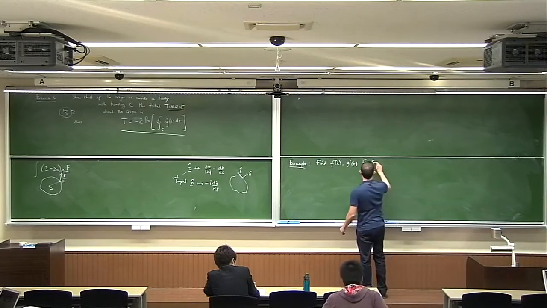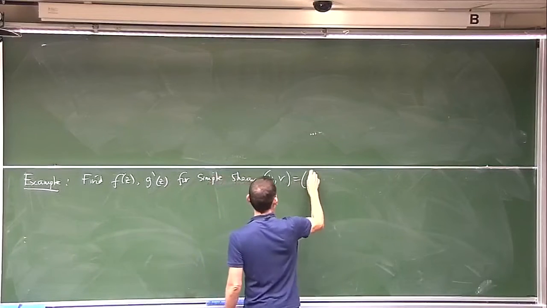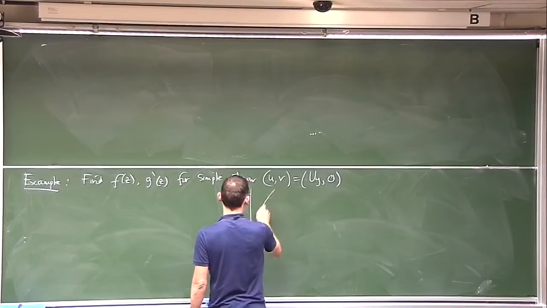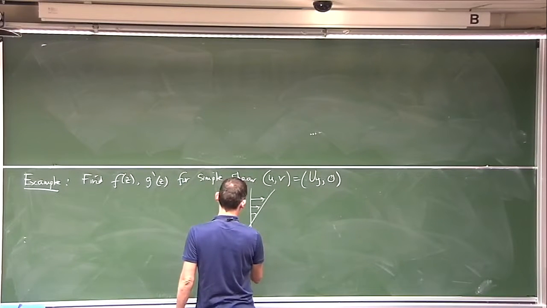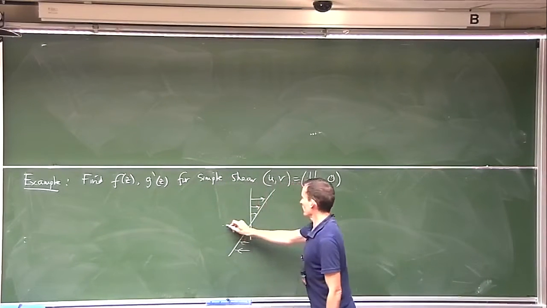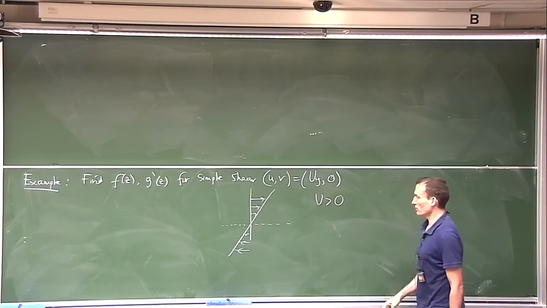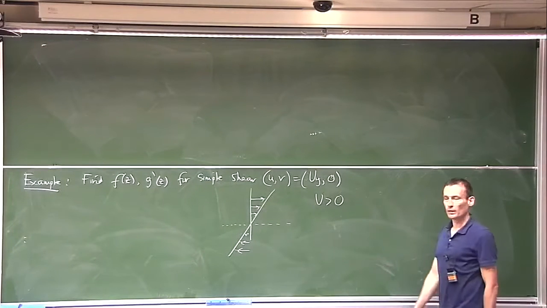So u, v is u y, 0. Have you seen this before? Simple shear flow. So u is some constant. It's a shearing flow in the plane.